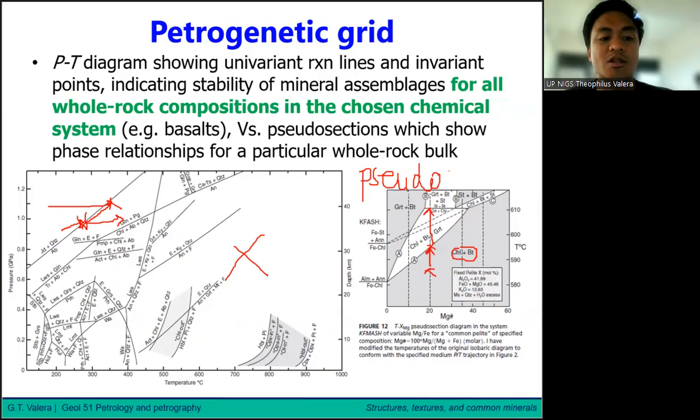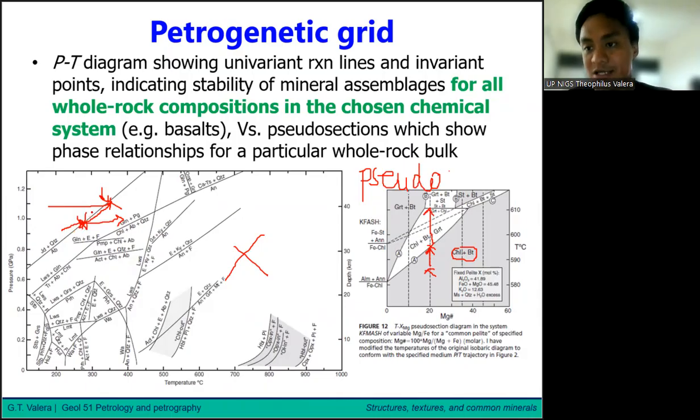Meaning, it was a reaction that led to the consumption of one of the reactants. Along the way, before reaching that point, on the way to the final discontinuous reaction, the reaction was actually more continuous. Okay? Continuous because you have both the reactants, jadeite and quartz, coexisting with albite, and the quartz concentration getting less and less as you get more and more albite.